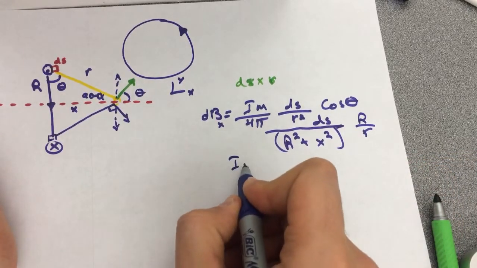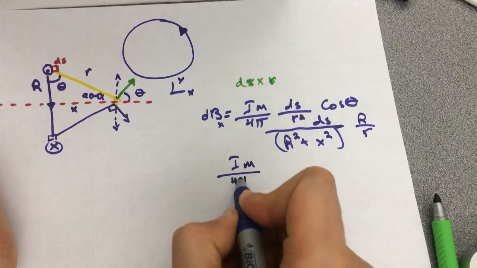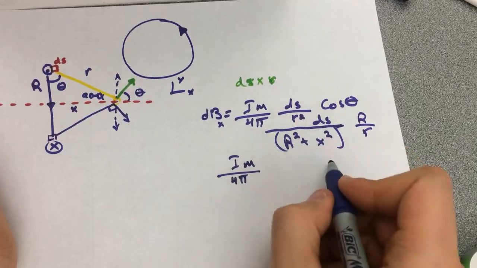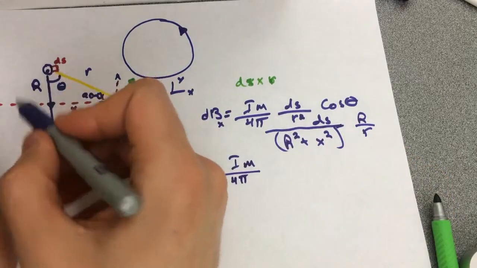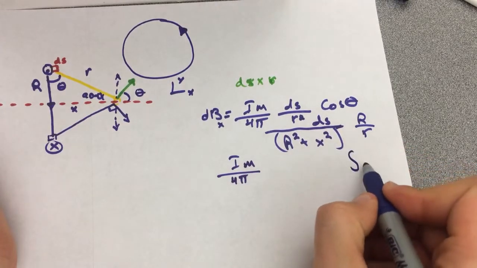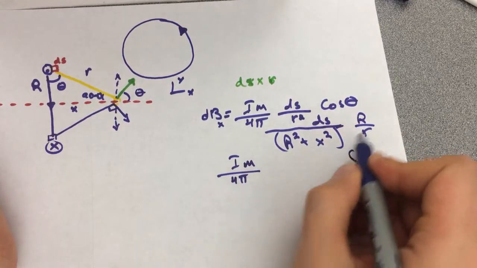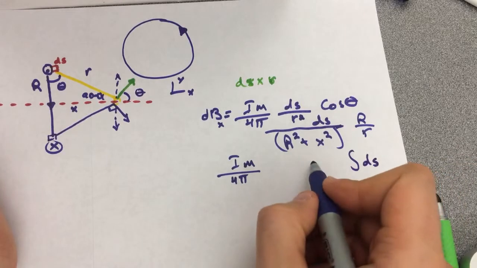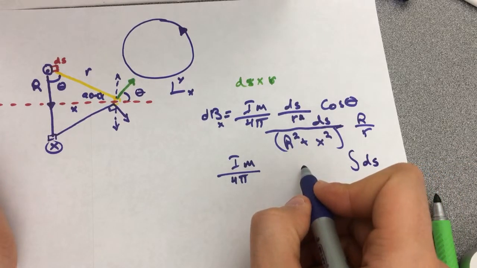So it's I mu over 4 pi, and then let's take the ds, and we're taking the integral around the whole circle, so the integral of ds. All of the other terms will not change.